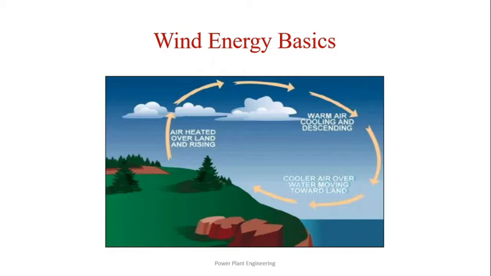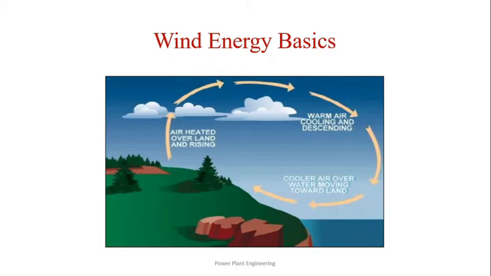The large scale convection currents set in motion by sun rays carry heat from lower latitudes to the northern climates. The flow of the air that rushes across the surface of the earth in response to this global circulation is called wind. This wind resource is renewable and inexhaustible as long as sunlight reaches the earth.